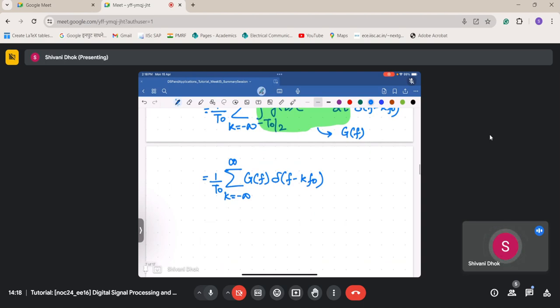So this I can also write as 1 upon T naught G of f into summation k running from minus infinity to infinity delta f minus k times f naught.